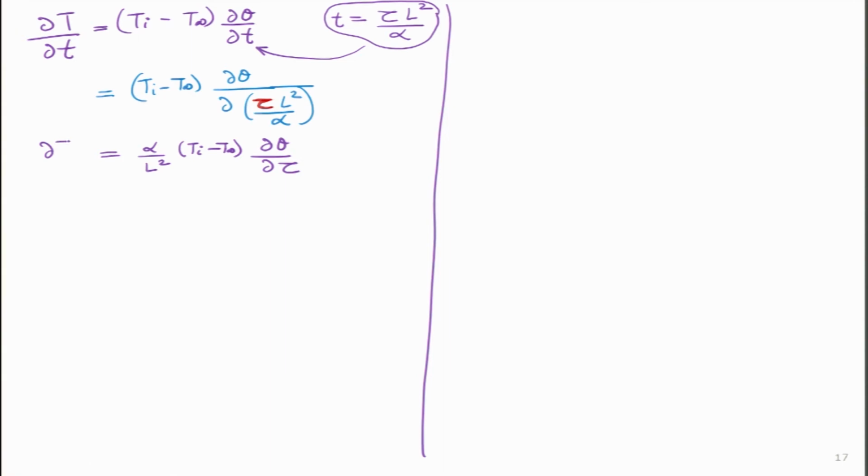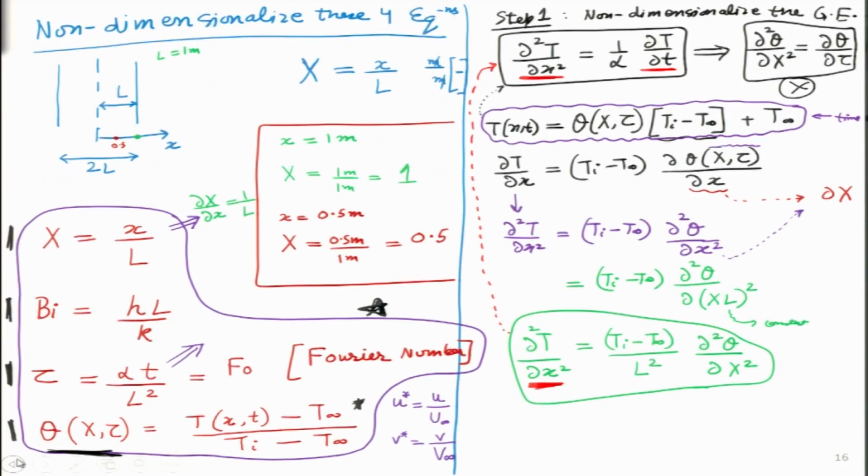So I have converted del T by del t into a function of del theta by del tau. If I write it as equation B, and go back over here and call it equation A, then equation A is the non-dimensionalization of the left hand side, equation B is the non-dimensionalization of the right hand side. This is my governing equation.